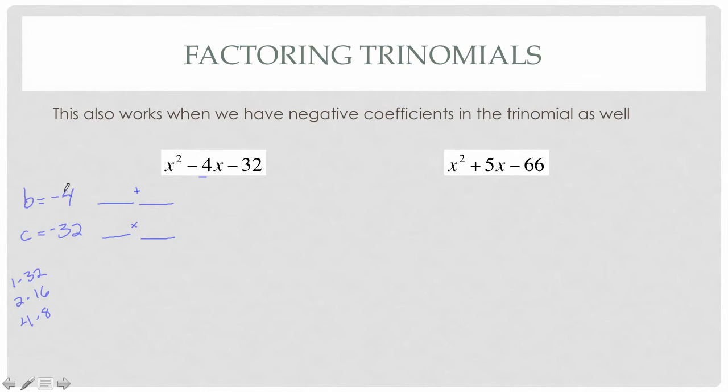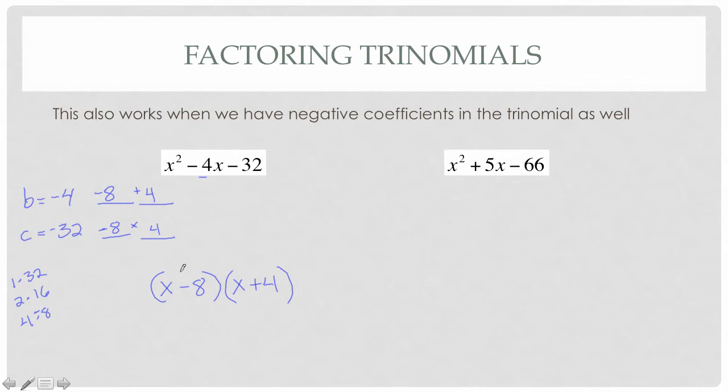Now they add to negative 4, so the only ones that seem to have a difference of 4 would be 4 and 8. So to get negative 4, I need to have the 8 be negative. Negative 8 plus 4 is going to give me negative 4, and then negative 8 times 4 is going to give me negative 32. So there we go. We have it factored out now. It's x minus 8 times x plus 4.